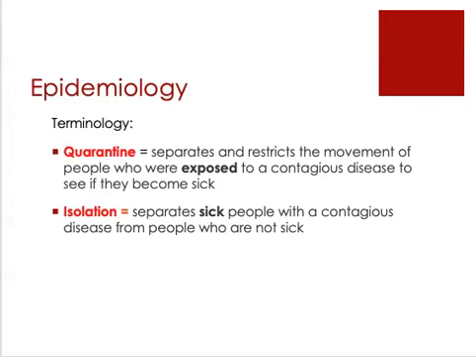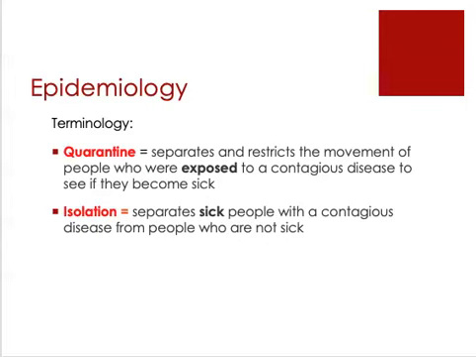And the reason that we quarantine people is to watch them and see whether or not they become sick with that infectious disease. In comparison, isolation is the process where we separate people who are sick with the contagious infectious disease in order to keep them away from people who are not sick.